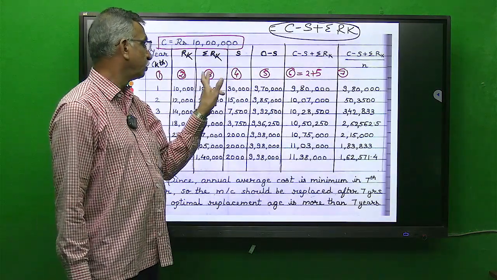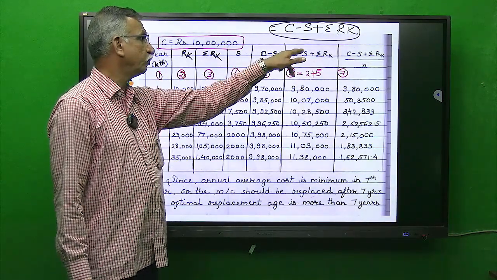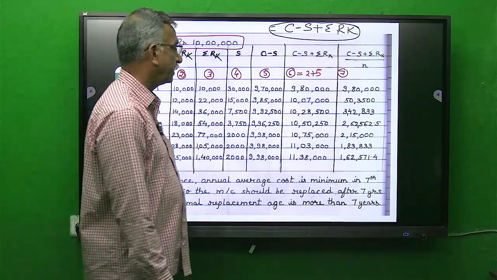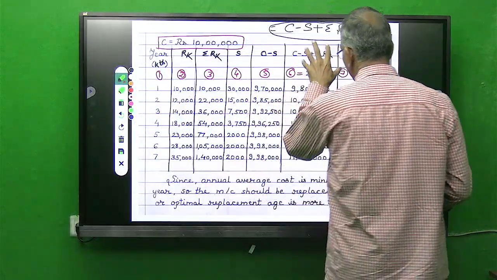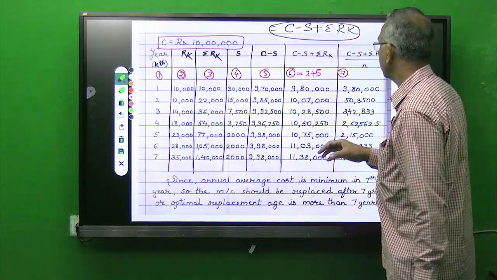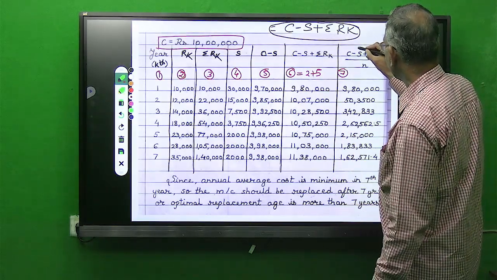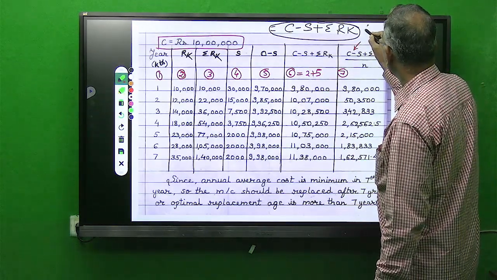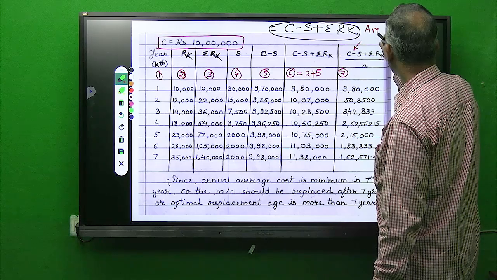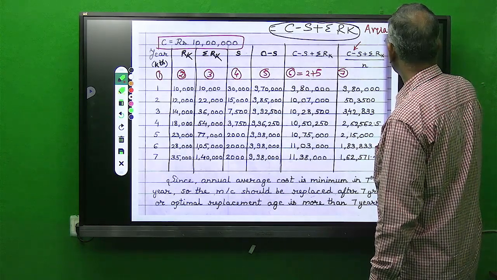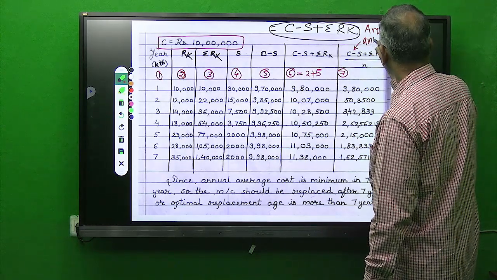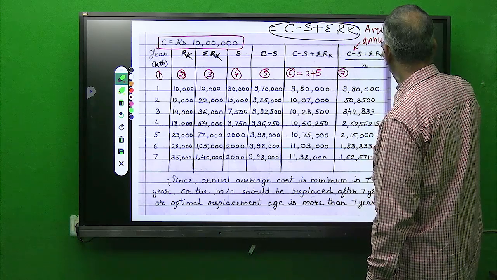Column number 2 plus column number 5 will give you total cost. And now see, this total cost is for different years. We are interested in the last column, which stands for average annual cost.